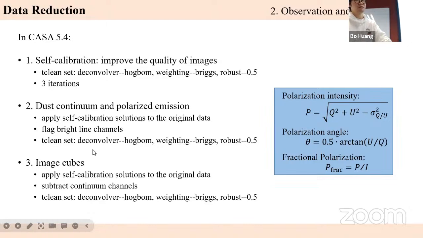Finally, we produce the image cubes to identify the outflow structure and the velocity field.